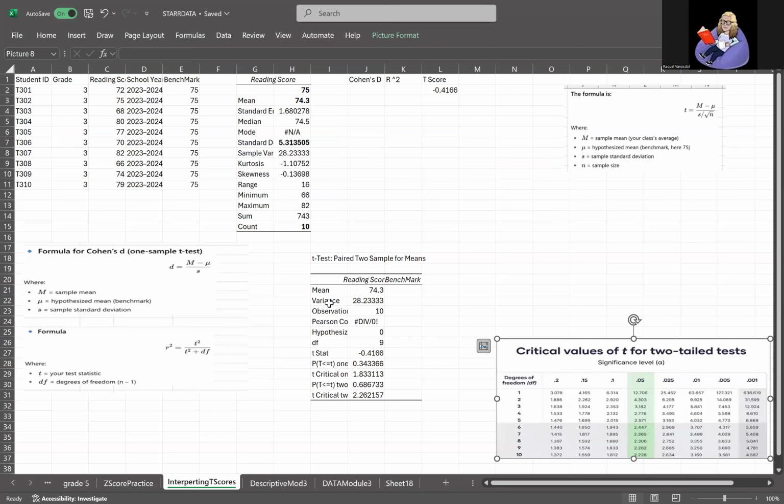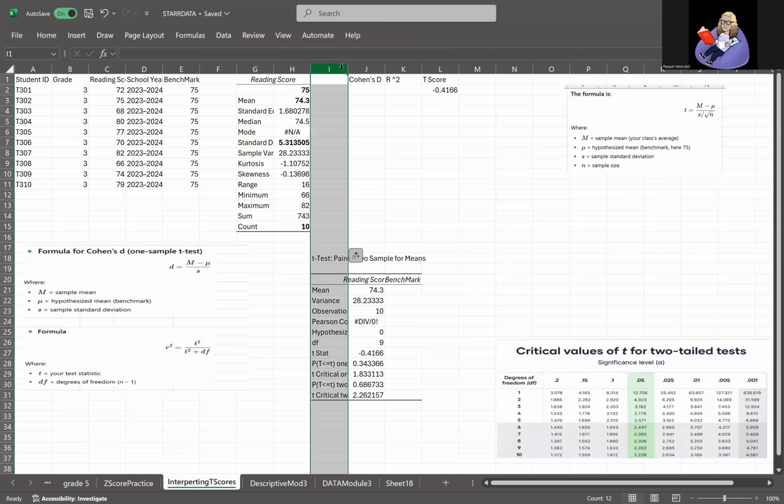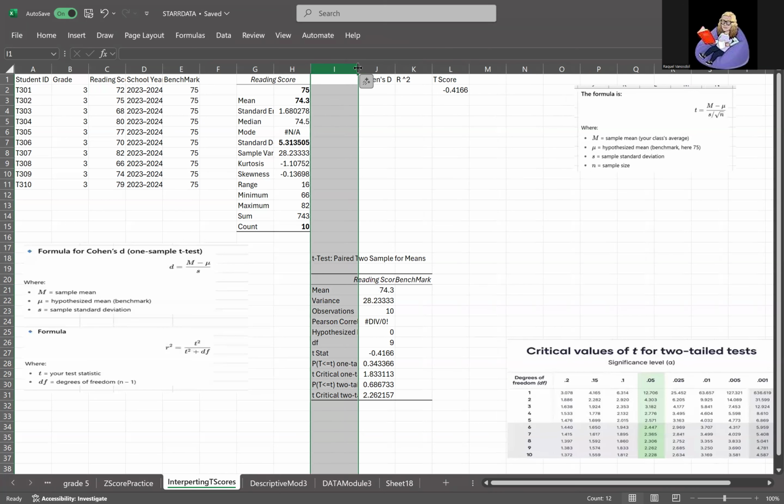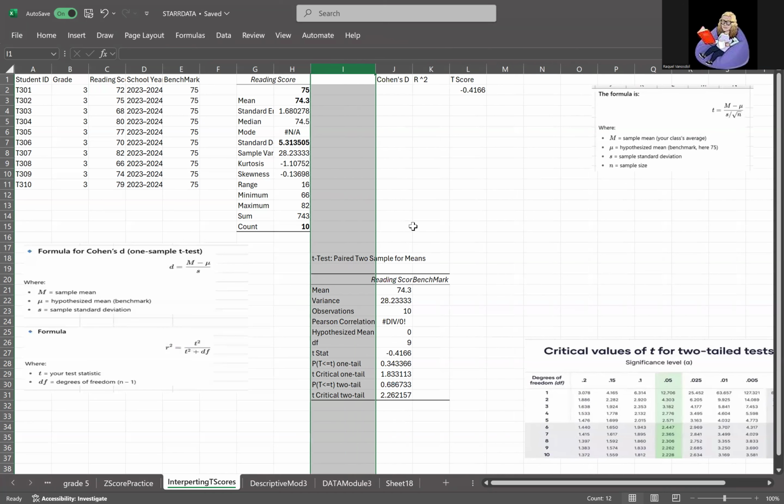Let me see if I can make this bigger so I can read it. There you go. That makes more sense. One tail, the critical one tail.